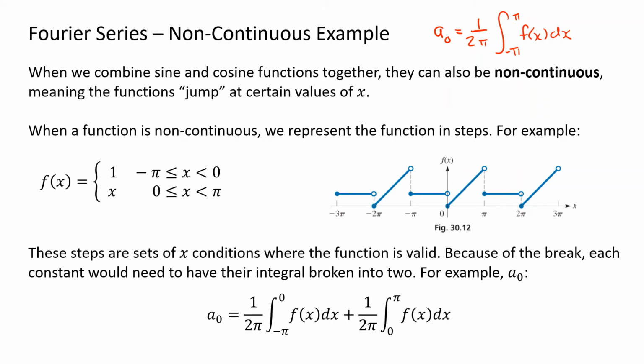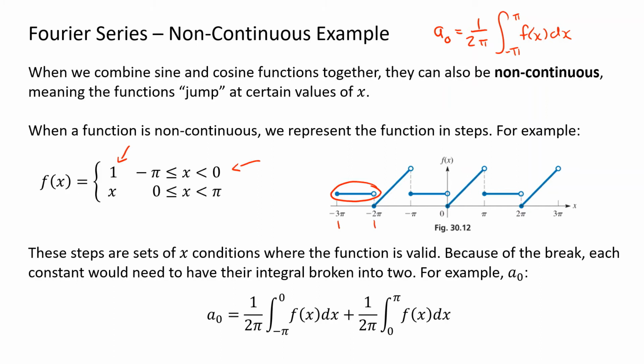If it's a non-continuous function, it means that it jumps. So in other words, let's look at this function here. F of x is equal to 1, but that's only from negative pi to 0. So you can see on the graph here, for a period of pi, from negative 3 pi to negative 2 pi, the value is always 1.